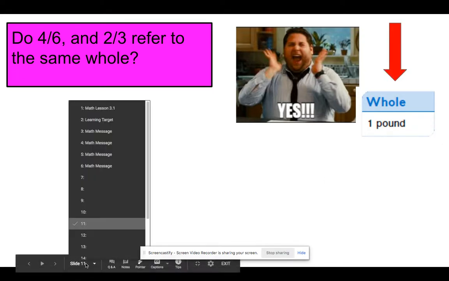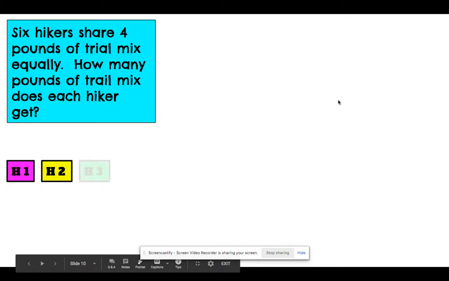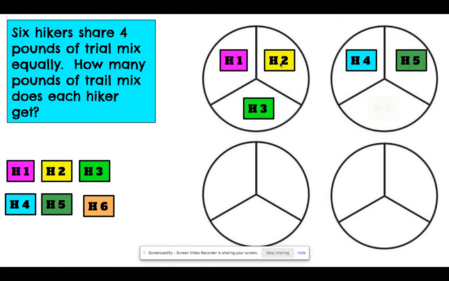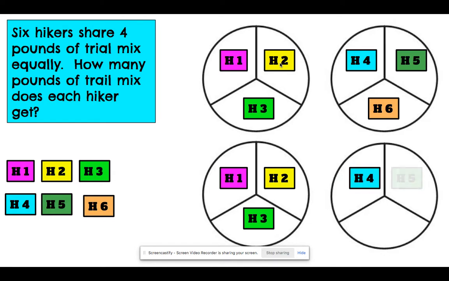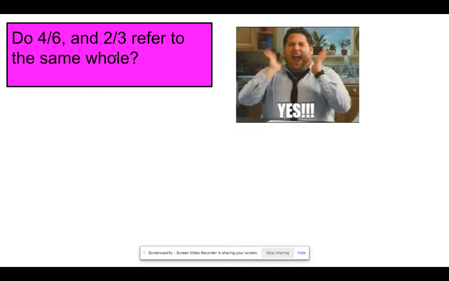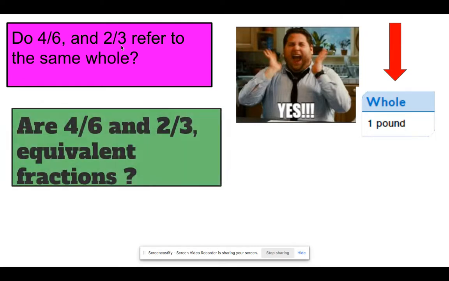If we go back a slide, each of these circles is 1 pound of trail mix. So they each get 2/3 of a pound. The key to this, friends, is that the wholes are all the same. That's how we know that they are equal shares. So again, 4/6 and 2/3 refer to the same whole, and the whole is pounds.